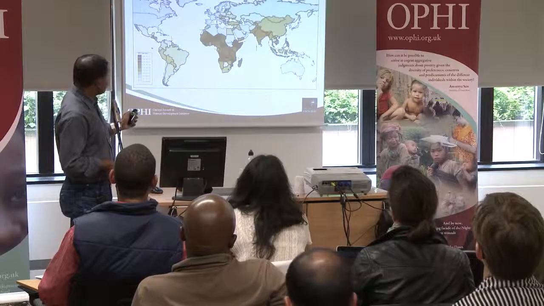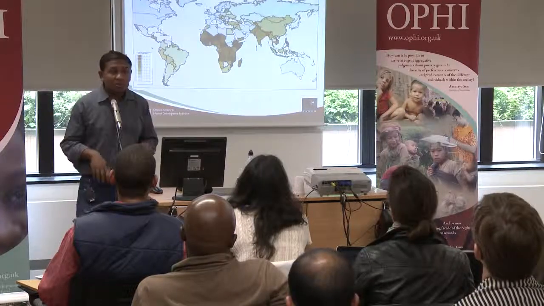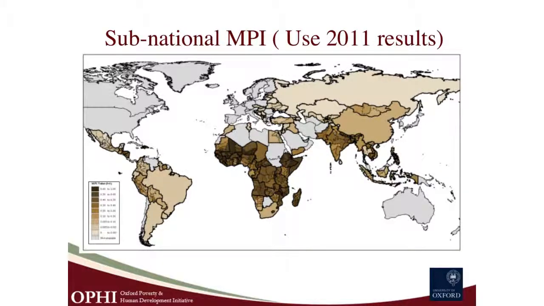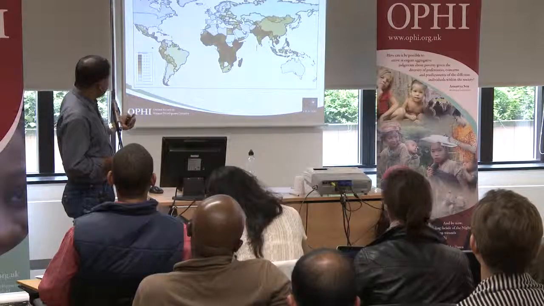And this is the kind of map we did, a global map in 2011. We have not replicated it, we have a different kind of maps now. But just to give you a flavor, we had the national MPIs, and then we tried to find out the regional decomposition that you get after you plot inside the map.